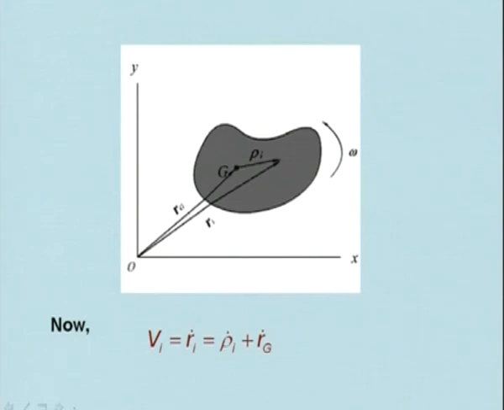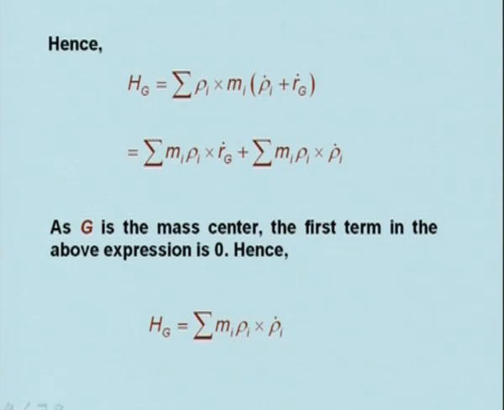Then the velocity of the particle, r dot i, is equal to rho dot i plus r dot g. Hence hg is equal to sigma rho i cross mi (rho dot i plus r dot g), and this becomes sigma mi rho i cross r dot g plus sigma mi rho i cross rho dot i.